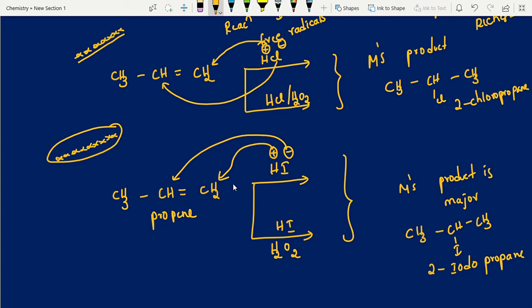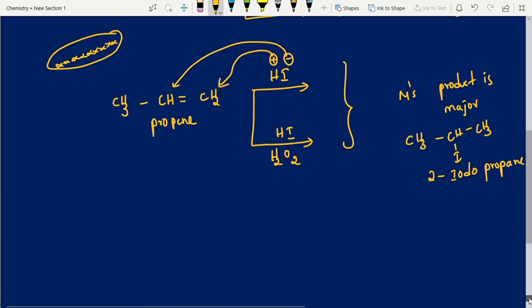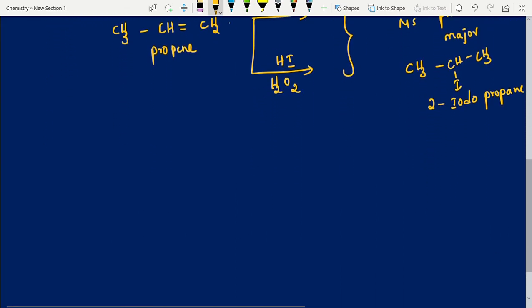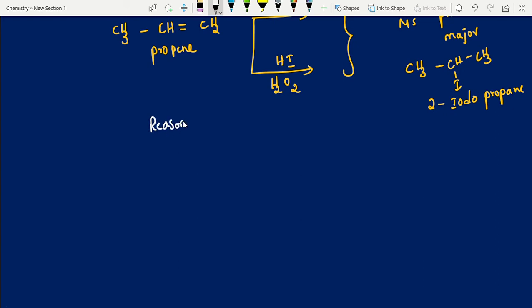Now I am explaining the reason. First look into the reagents HF, HCl, HBr, HI. As we move down the group, what happens, students?